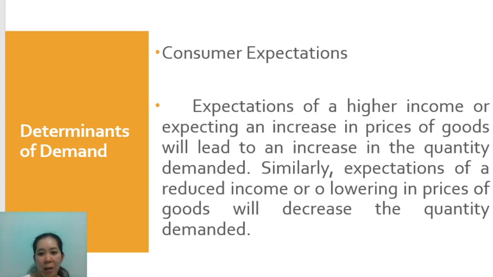So here, normally their expectations basically in income, and the prices will affect their demand. So it will just follow. Okay. So in the first case, if there is an expectation of higher income, then of course there would also be an increase in the demand.